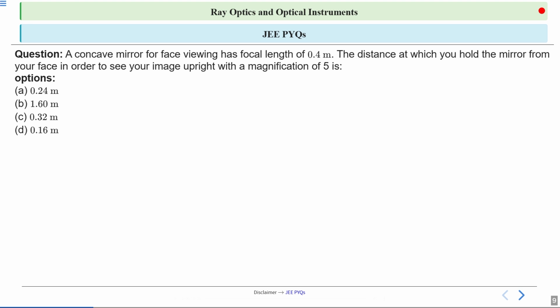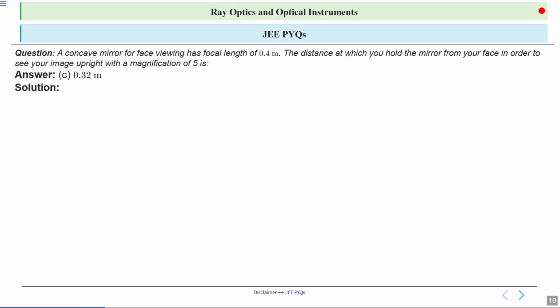You need to choose the correct option out of the given 4 options. So the options are A 0.24 meter, B 1.60 meter, C 0.32 meter and D 0.16 meter. So the correct option is C, 0.32 meter.